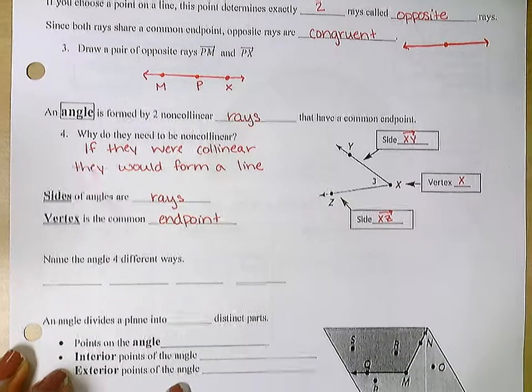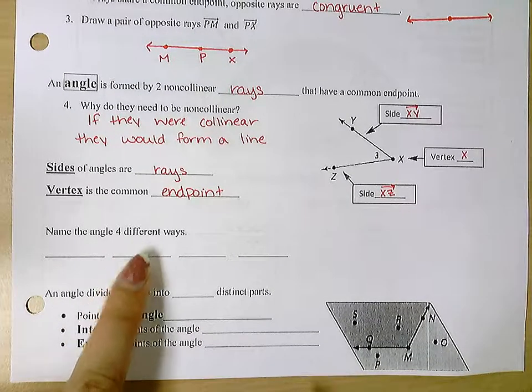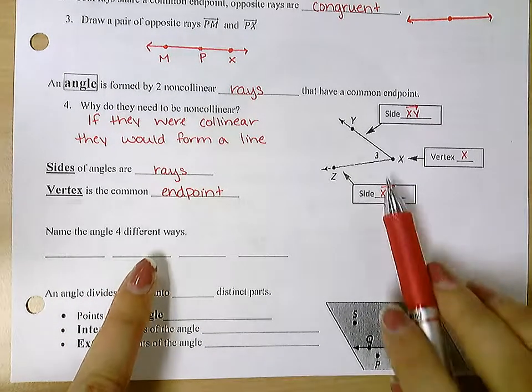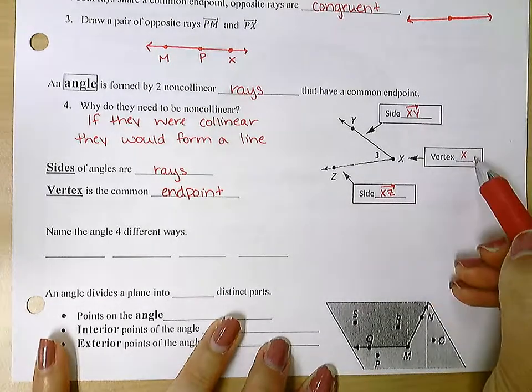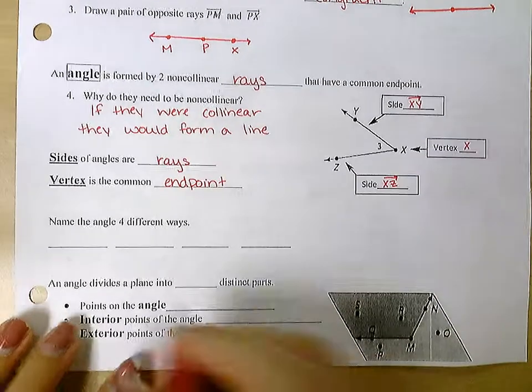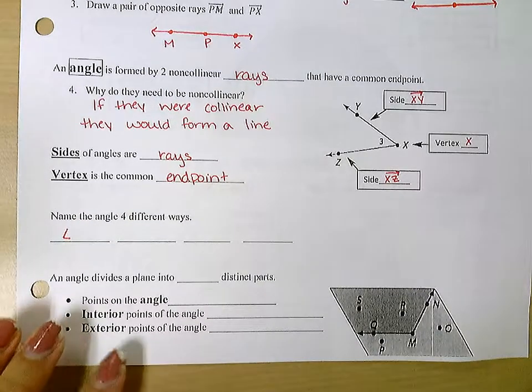Now there are different ways to name an angle. There are four different ways to name this angle right here. One way, we can use our vertex. We draw a little angle symbol. It's not an L, it's an angle.